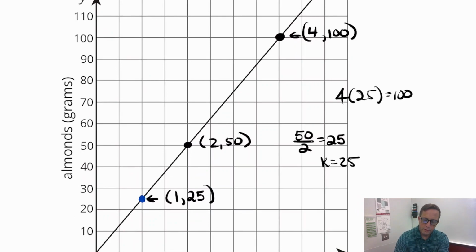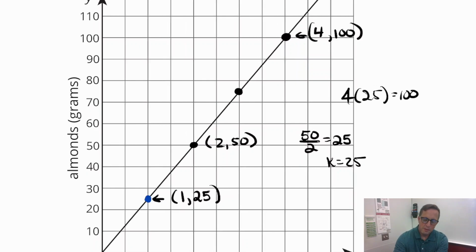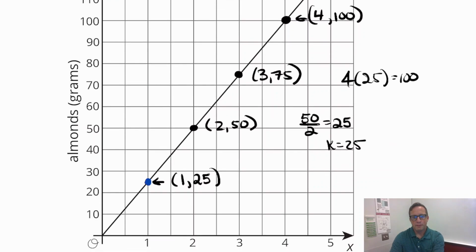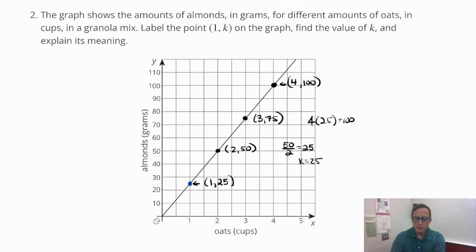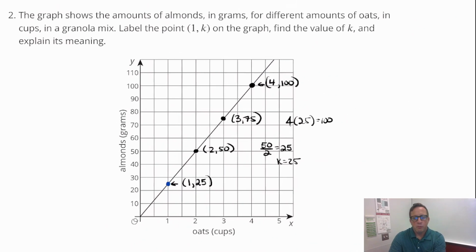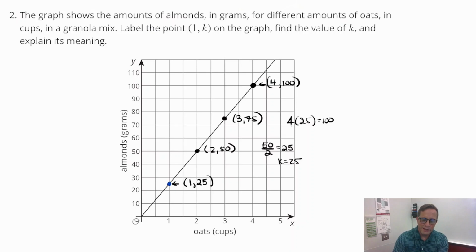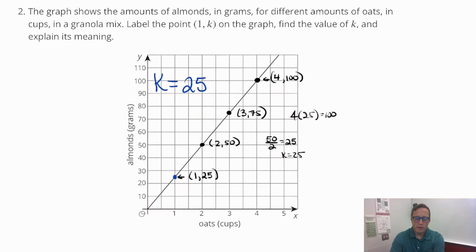If you wanted to stay within the 25, there's 375. See how that looks? Now what am I doing? Find the value of K. Well, we found the value of K. K is 25. Our constant of proportionality is 25.